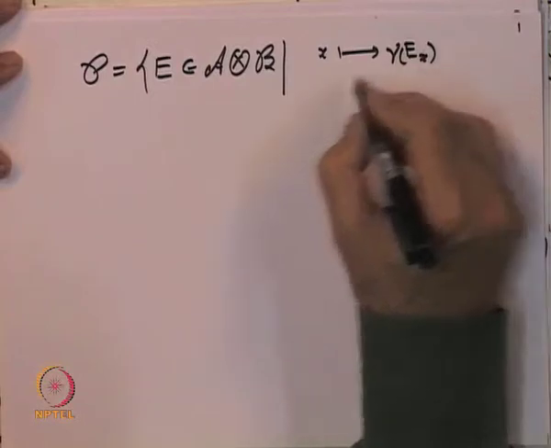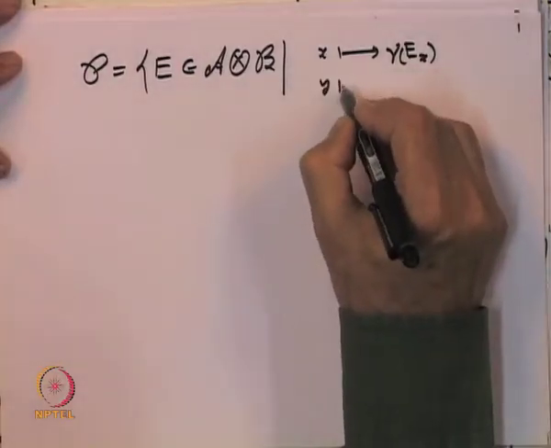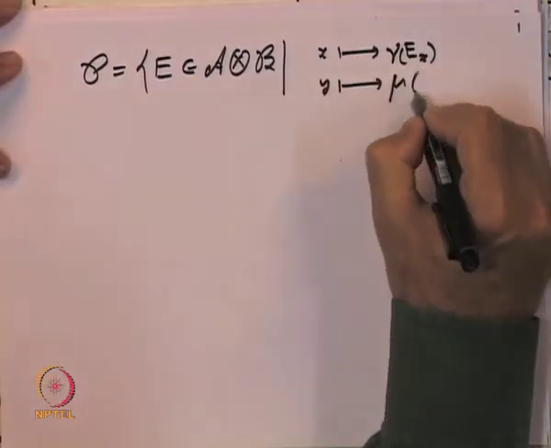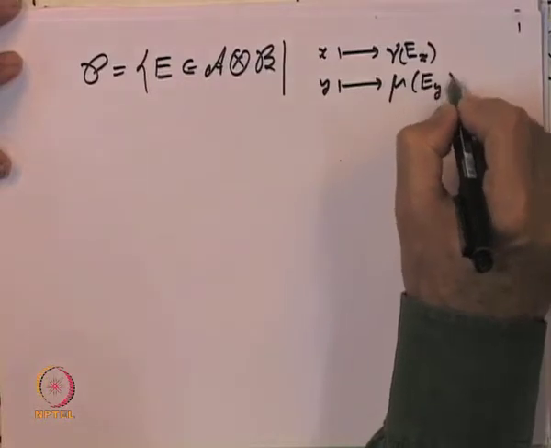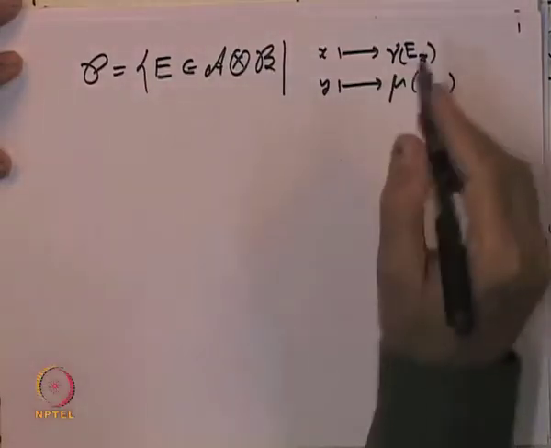So, this is measurable, and the function y going to mu of E y is also measurable.